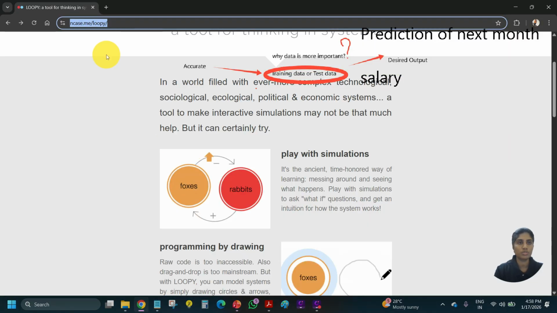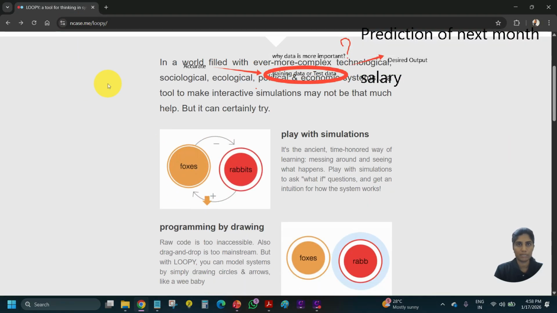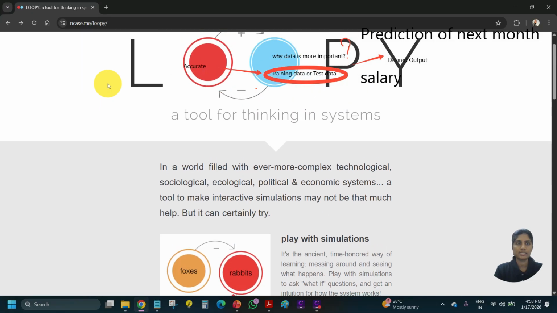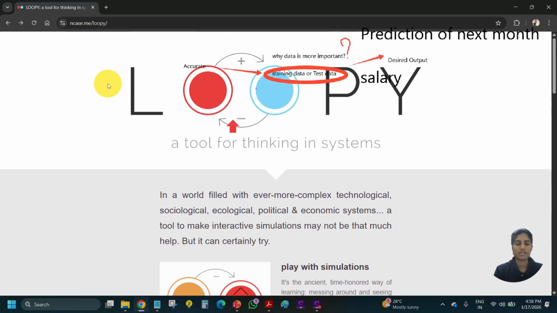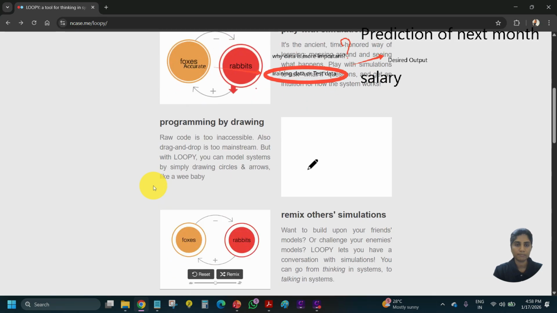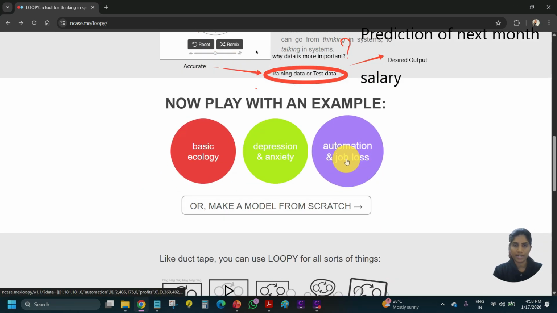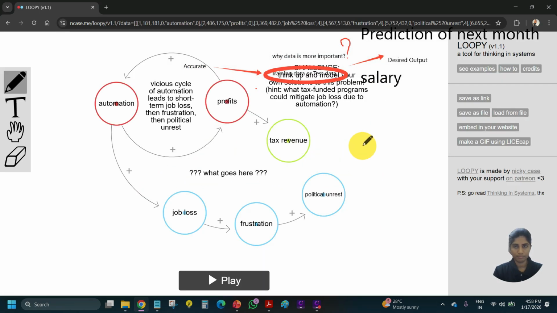If I go to this HTTP URL, this is Loopy. I am just explaining what system maps are. I will explain one, and you will be able to understand. I'll erase all the other things.